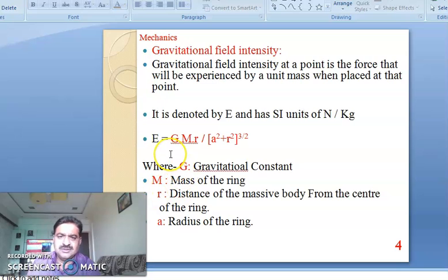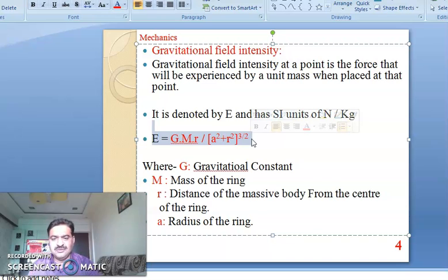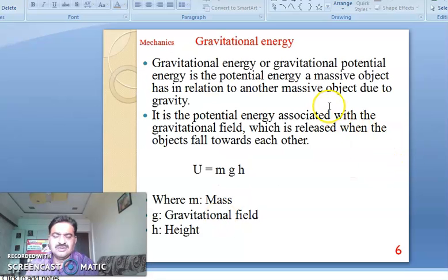So here gravitational field intensity is to be obtained by using this relation, E = GMr / (a² + r²)^(3/2). Now let's turn towards gravitational energy.